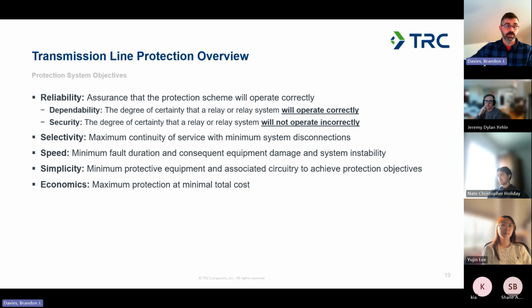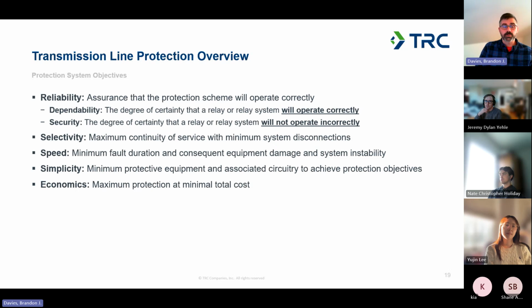You want to give the line relays or other protection for that other system component an opportunity to trip first. The goal is that when you have a fault, you remove the smallest portion of the system possible. So if you have a fault on a transmission line, ideally you're clearing just that transmission line from the system, and everything else can remain in service to keep the overall system integrity as high as possible.